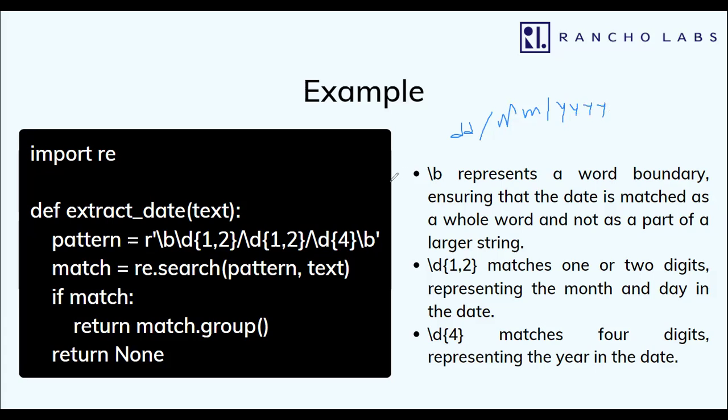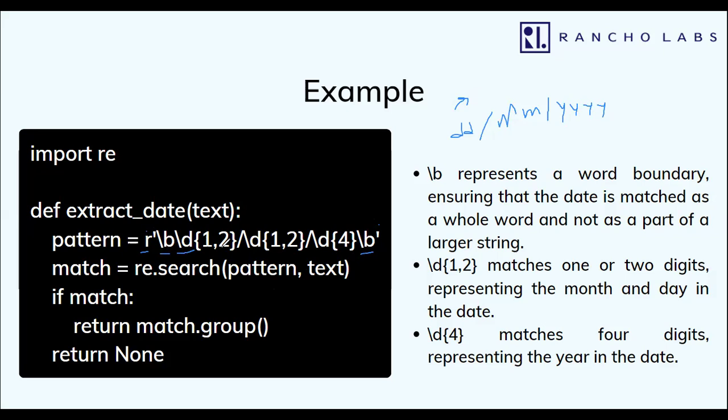Listen carefully, guys. Here r refers to regular expression. In the quotes we have to write the regular expression. Slash b refers to the starting and ending of the pattern. Now the first one is we have to take digits. For the digits it is slash d, curly brackets 1, comma 2: 1 digit or 2 digits. If it is 1 to 9, 1 digit is okay.